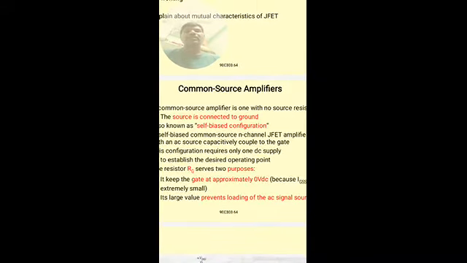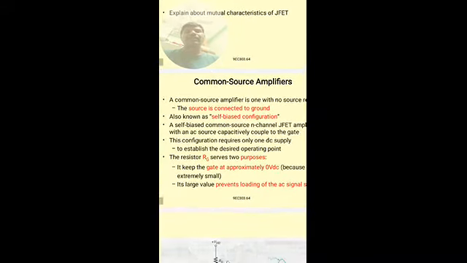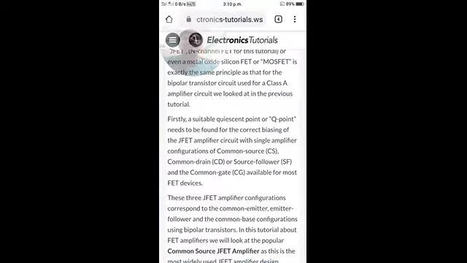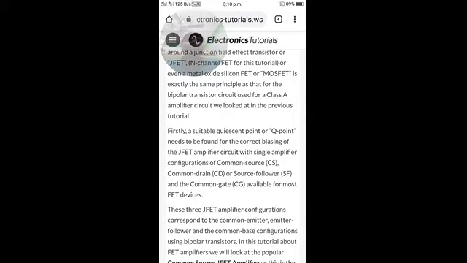And the common source FET amplifier is the most widely used FET amplifier, compared with the common drain and common gate FET amplifiers, just like the CE amplifier.